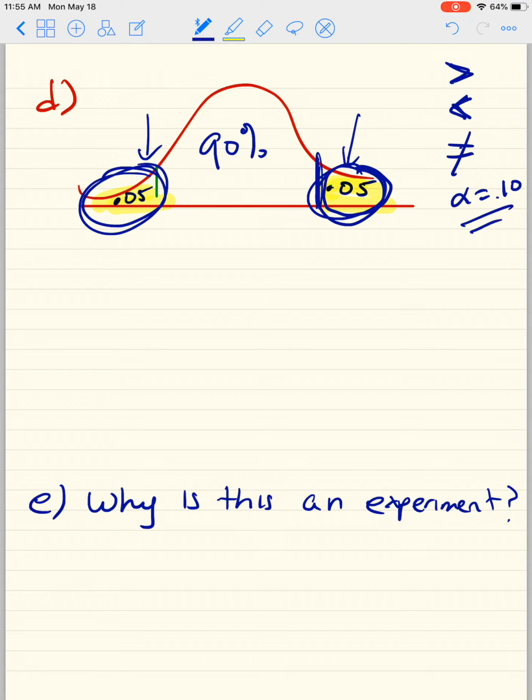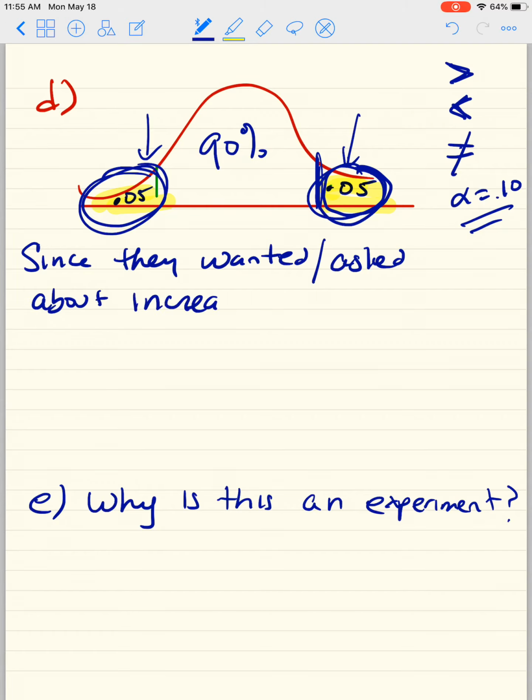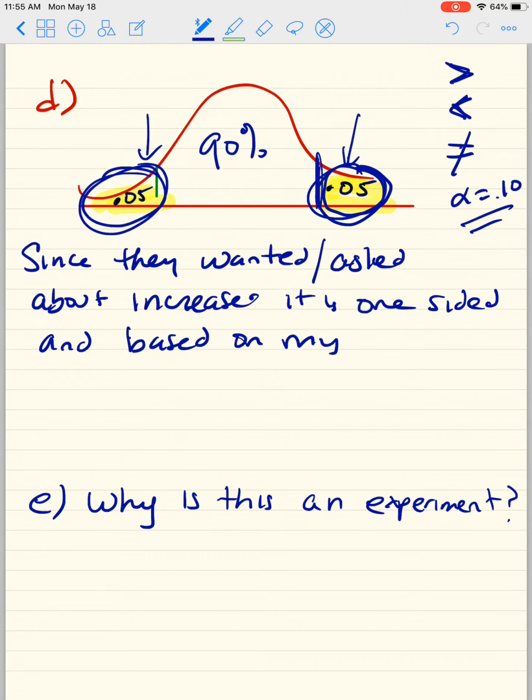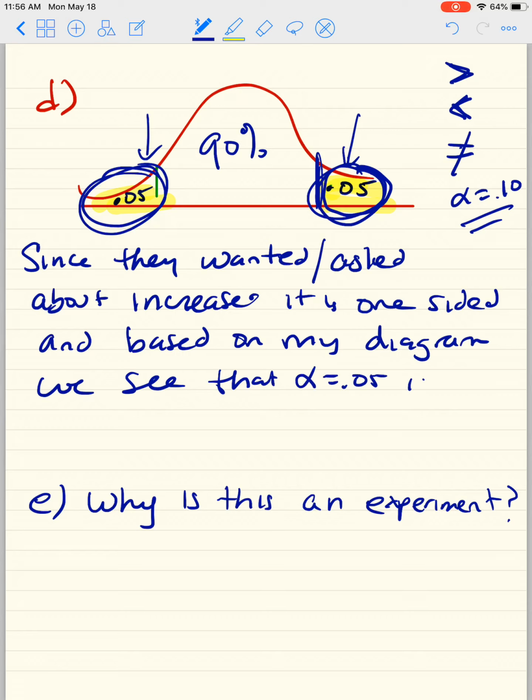So you can draw this picture and just say, since they wanted or asked about increasing, it's one-sided, and based on my diagram, we see that alpha equals 0.05 is the right side. Something along those lines, okay?